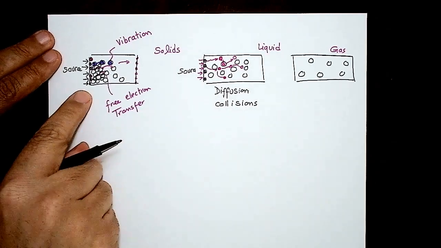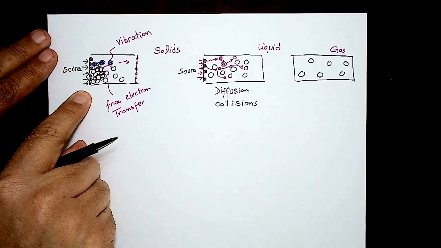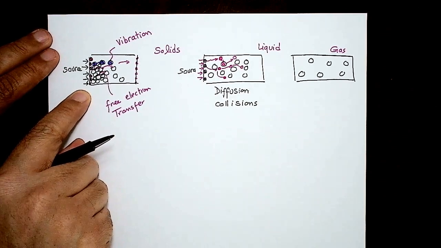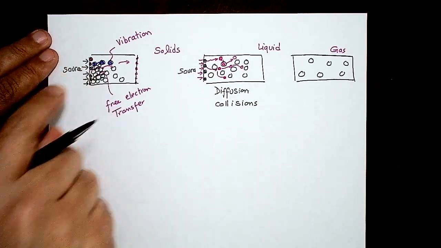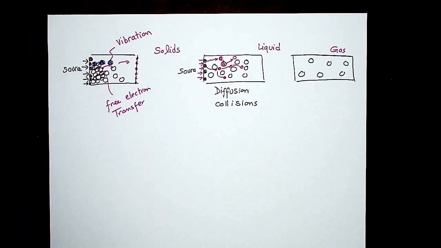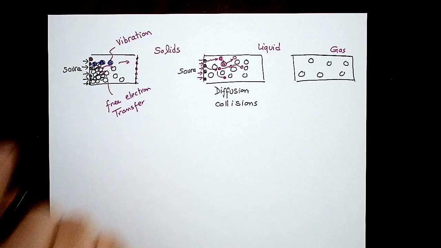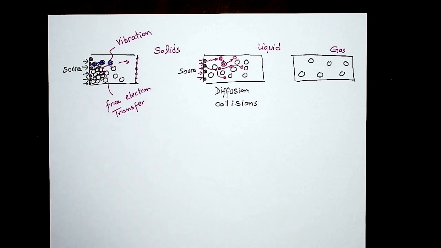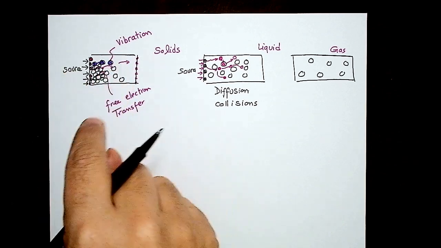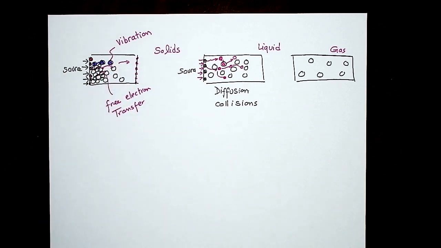These collisions still exist in the solid material, but it's very restricted because they are not allowed to move. Particles in solids don't have the freedom to move or diffuse, but they have the freedom to vibrate or rotate in their location. So that tiny vibration and rotation is what's making tiny collisions. So the dominant mechanism of energy transfer in the solid is not really the motion of the particles, but more the free electron transport and a little bit of vibration.